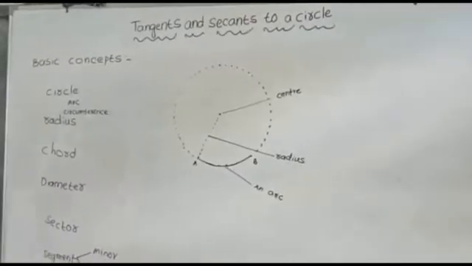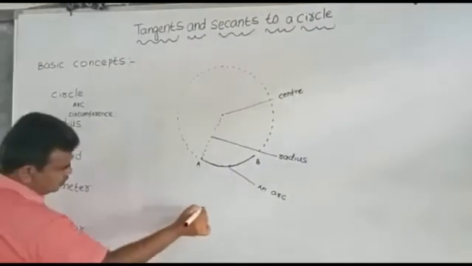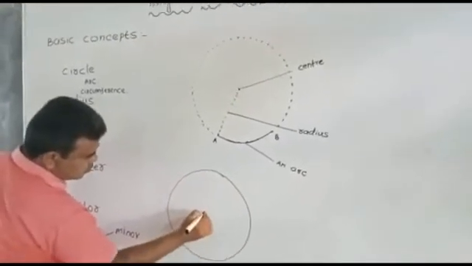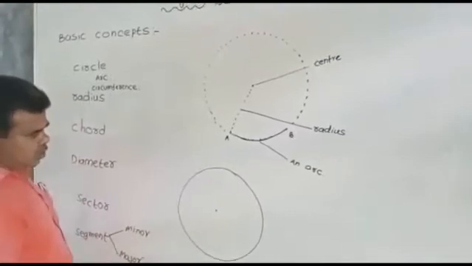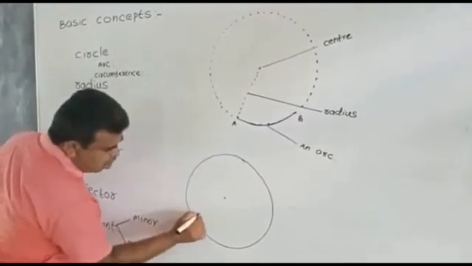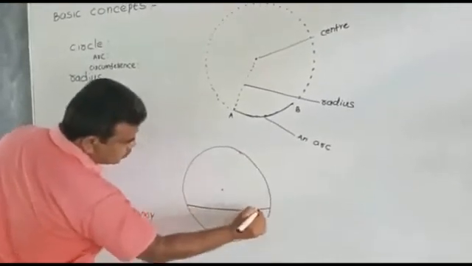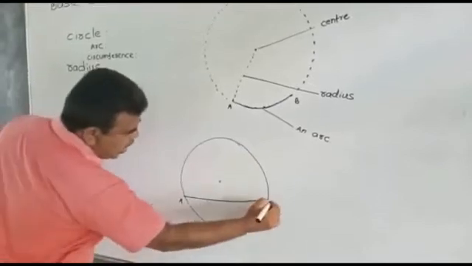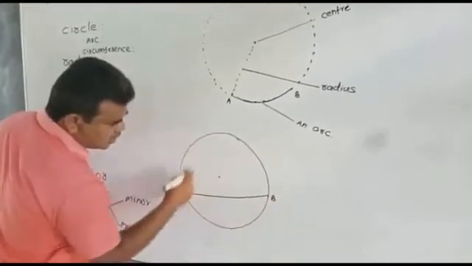Next one, chord. Joining of 2 points. Take A and B as points on the circle.